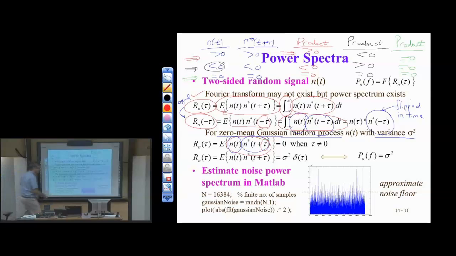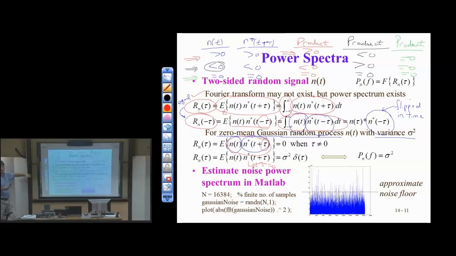When tau is 0, they're perfectly aligned. So now the expected value, when tau is 0, I'm really looking at little n of t times n conjugate of t, which is the same as, well, inside the argument, n of t times its conjugate is the same as absolute value squared.